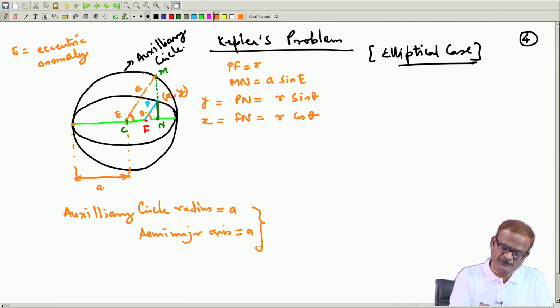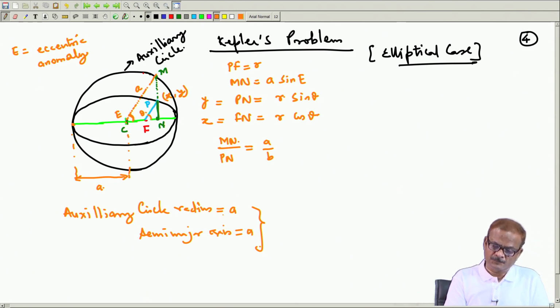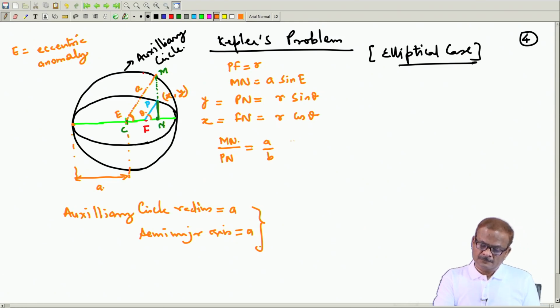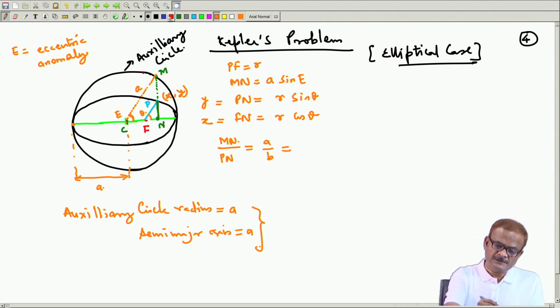Thereafter, we have utilized one property of the ellipse, that MN divided by PN is equal to A by B. So, from this place MN is nothing but A sin E, and PN is r sin theta.